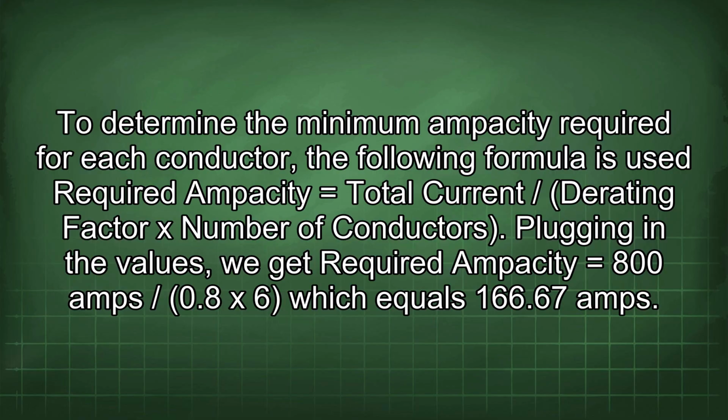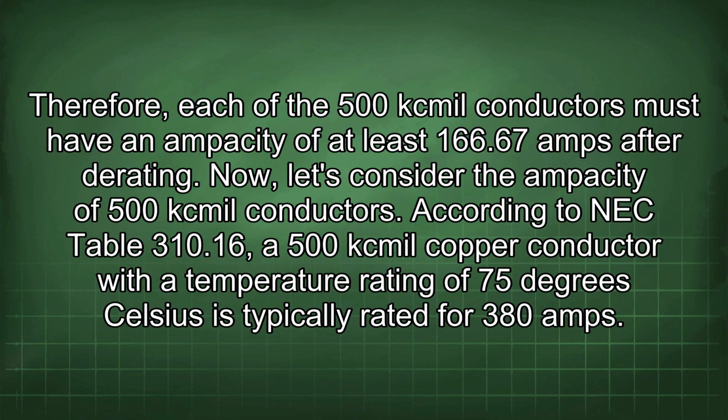Plugging in the values, we get required ampacity equals 800 amps / 0.8x6, which equals 166.67 amps. Therefore, each of the 500 kcmil conductors must have an ampacity of at least 166.67 amps after derating. Now, let's consider the ampacity of 500 kcmil conductors.